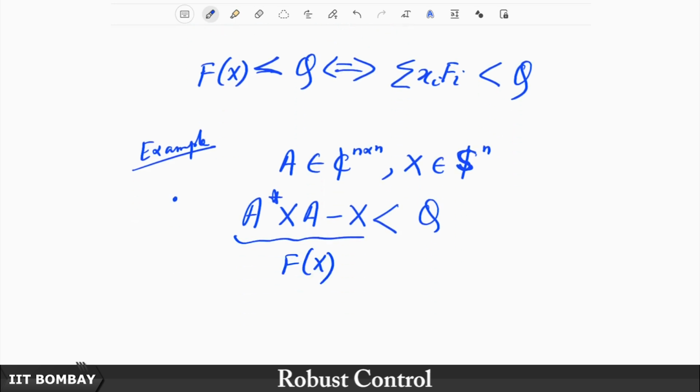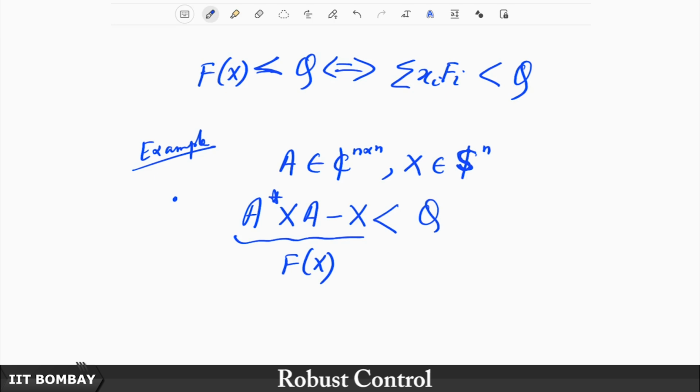So, all that you need to basically check is that f is indeed a linear map from the space of symmetric matrices to the space of Hermitian matrices. So, first you have to check that A Hermitian X A minus X is also a Hermitian matrix. Of course, X is a symmetric real matrix, so it is also Hermitian. That goes without saying. The only part you have to check is A Hermitian X A, which is again very trivial to check that it is going to be Hermitian. So, it is indeed a map from the space of symmetric matrices to the space of Hermitian matrices.